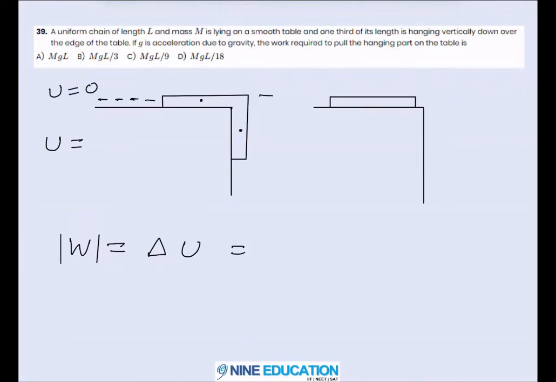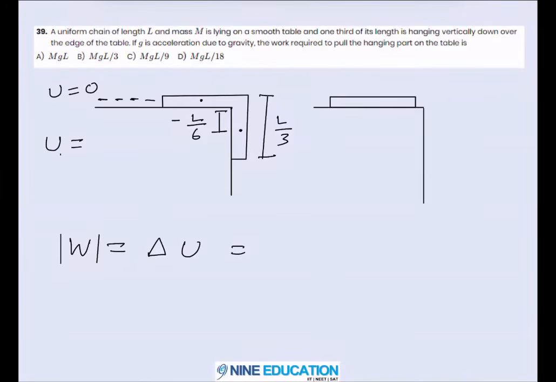As this length is L by 3, that's why this particular height will be L by 6. Now that height is in the downward direction, so I should write it as minus L by 6.